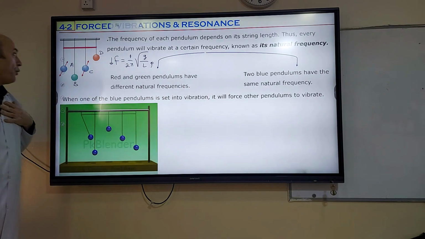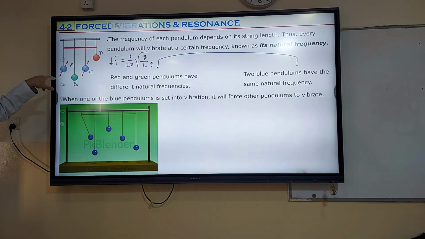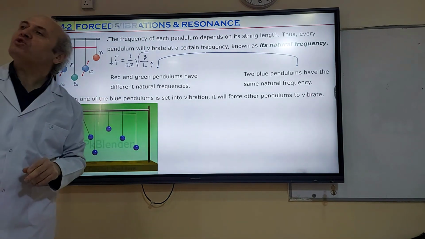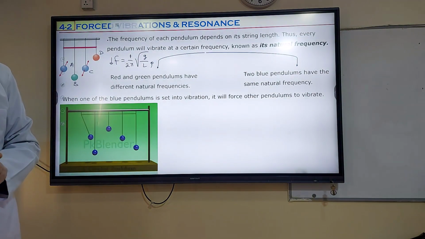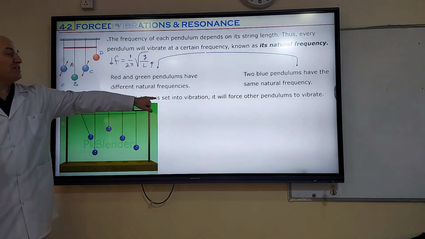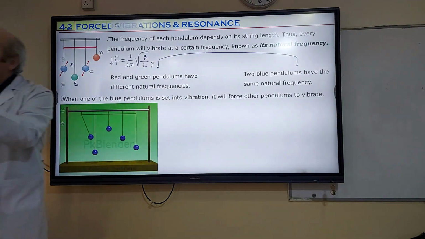The point is this: when I vibrate one of these pendulums, this vibrating pendulum will force other pendulums to vibrate. Force. So, when one of the blue pendulums is vibrating, I'm going to make it the source.